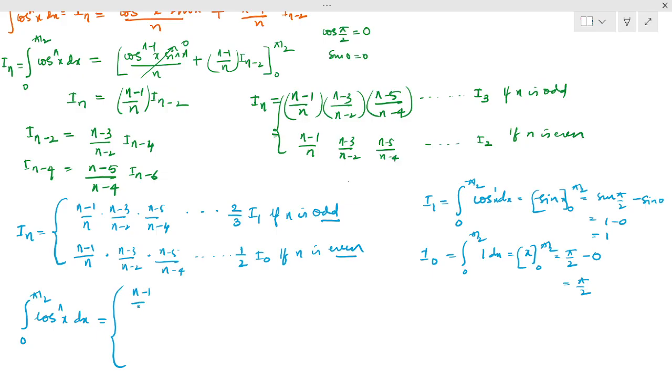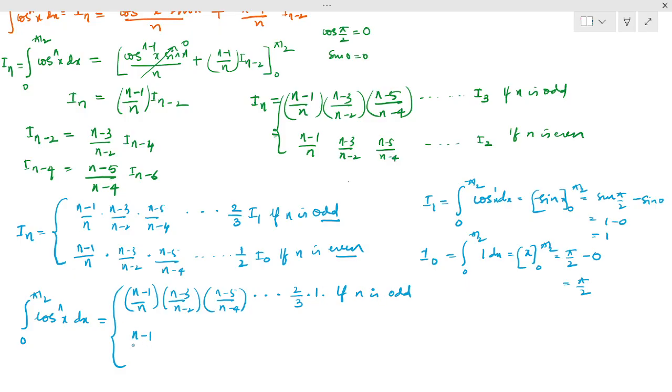(n minus 1) by n into (n minus 3) by (n minus 2) into (n minus 5) by (n minus 4), and so on, until 2 by 3 into I1 value, which is 1, if n is odd.